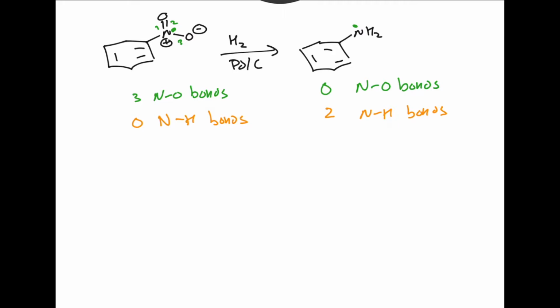We increased the number of nitrogen-hydrogen bonds. This nitrogen from one side to the other is reduced, right? We reduced the number of oxygen bonds it had. So that nitrogen is reduced. Right, so we can do this with any atom. Most of the time we do it with carbon, the occasional nitrogen.